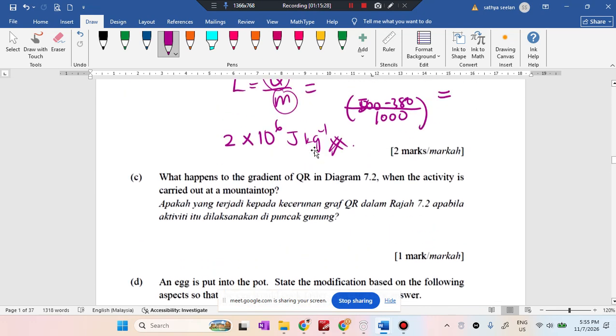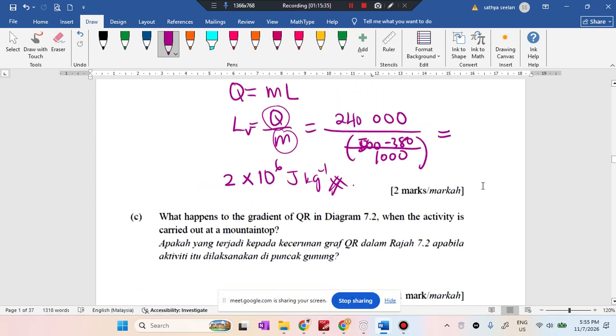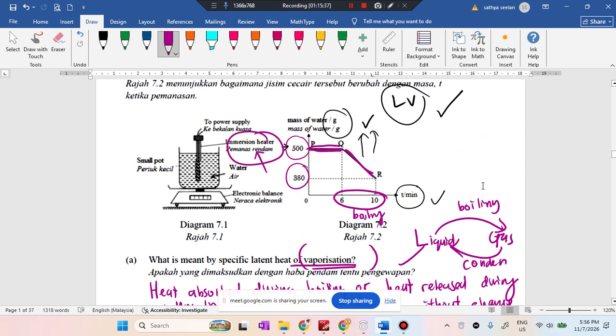Okay, what happened to the gradient of QR in diagram 7.2, when the activity is carried out at the mountain top? What happened to this gradient? So this gradient is actually showing what? How much water is losing, right?